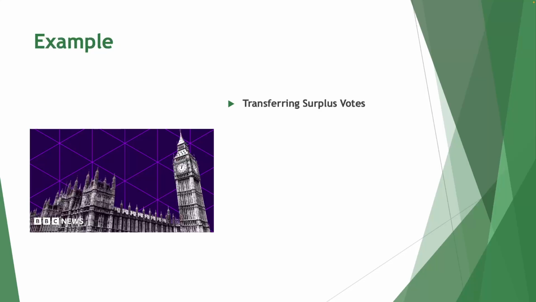What this does is ensure that no vote goes to waste and that the elected candidate's support is spread to other voters' preferences. So, for example, if the quota is 1,000 votes and candidate A has won 1,200 votes, then that surplus of 200 votes will be transferred to the voters' second preference.